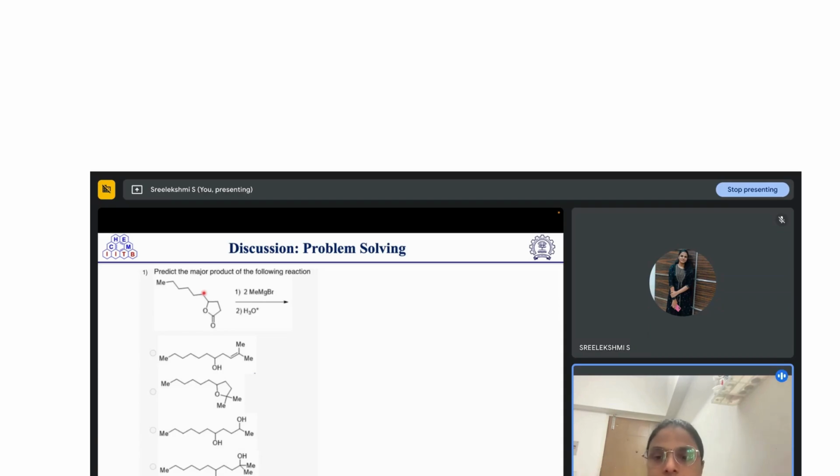Just now we mentioned that in the case of esters, Grignard reagents can undergo double addition, that is, they can add twice. So keep that in mind and try to solve this problem. This is a lactone, which is basically a cyclic ester.